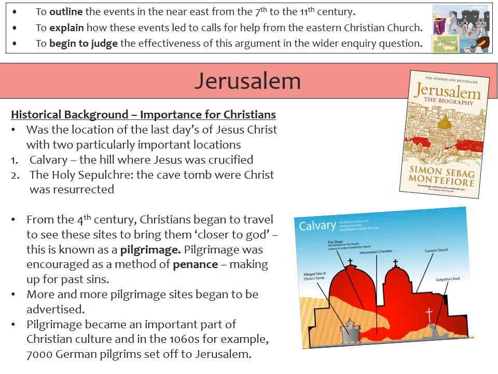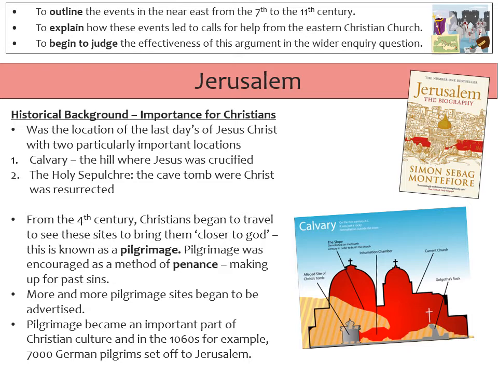So if they had the money and they had the will, they could go and experience the places that Jesus experienced, and that would hopefully give them a clear idea of what kind of Christian they were and bring them closer to God. And this became an idea that spread throughout the areas in which Jesus of Nazareth and his disciples had spent much of their lives.